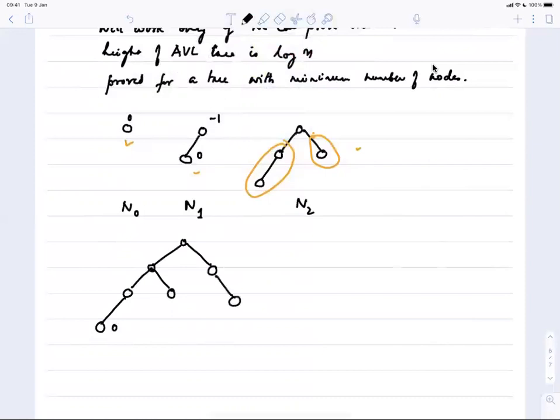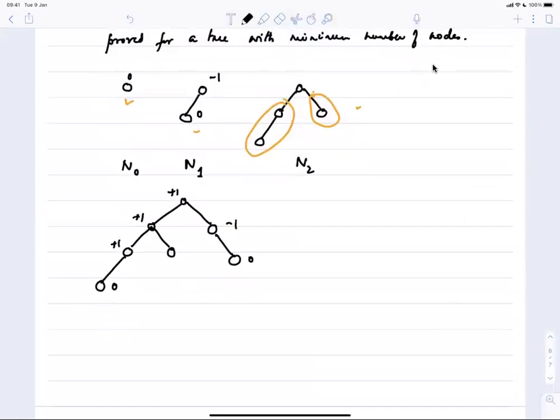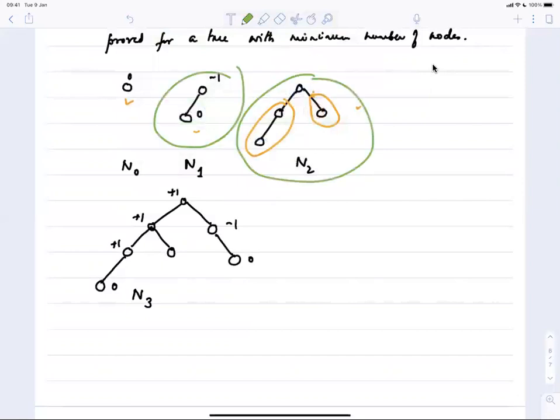Now, this one has balance 0, plus 1, plus 1, plus 1, 0, minus 1. Okay. This is again a tree with minimum number of nodes. Let me call it N3. Again, what did we do? We took this tree and this tree and made a new tree. This tree goes over here, and this tree goes over here.